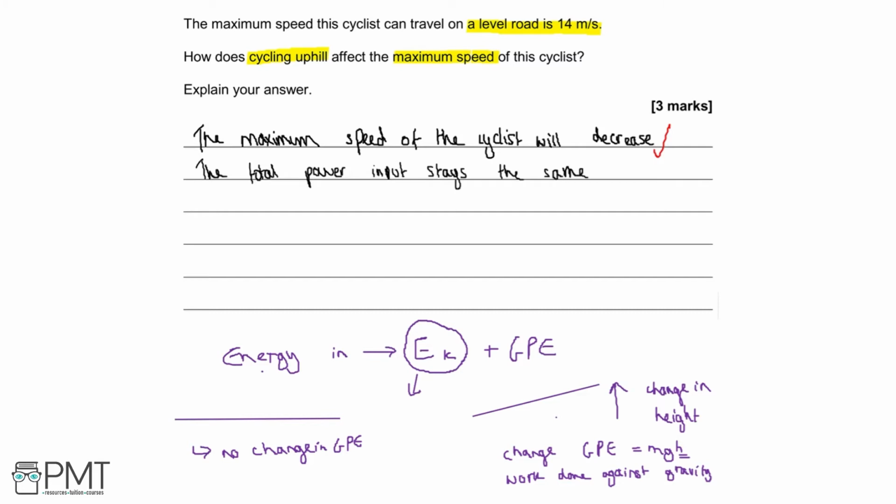And this is our second mark. And saying that work is done against gravity is our final mark. And then just to tie it all together, we refer back to the question: work is done against gravity, so the maximum speed must decrease.